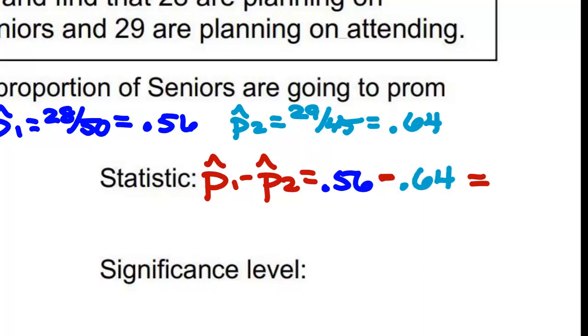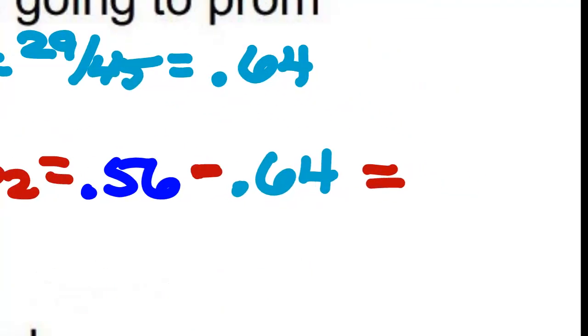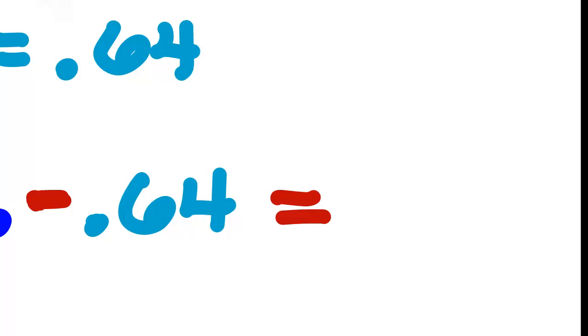I'm trusting you guys on this stuff. So 0.56 minus 0.64 would give me what for p hat 1 minus p hat 2? Negative 0.08.